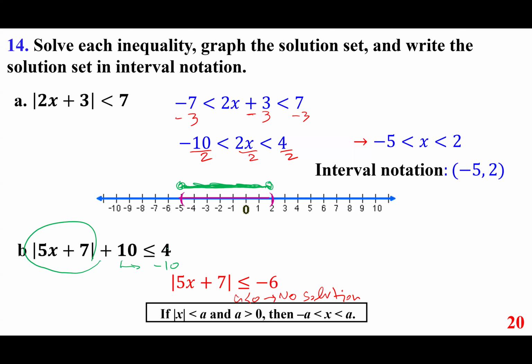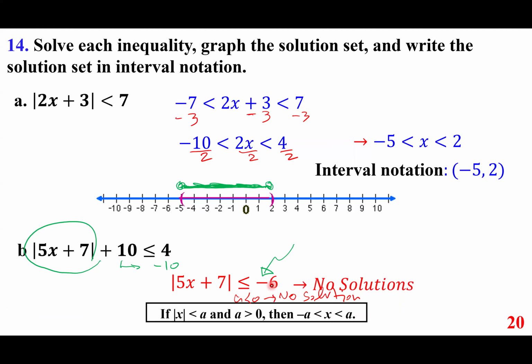And if a is negative, because this is negative, what we are saying is absolute value of, it doesn't matter what, is less than or equal to negative, not any negative number. It doesn't have to be -6, -1, -1/2, -10,000. The answer is no solutions.